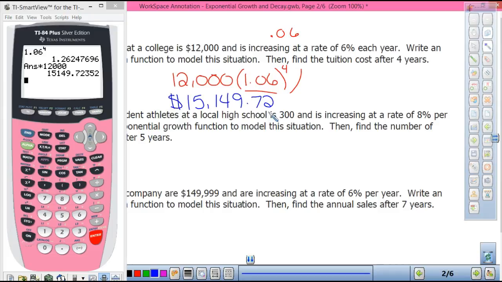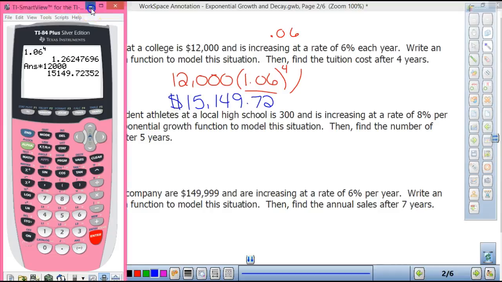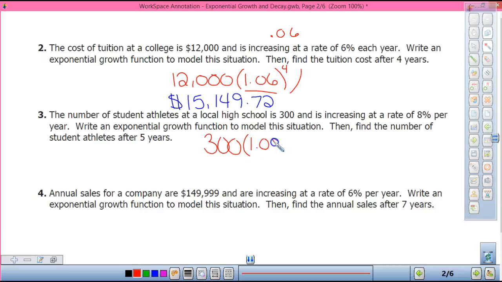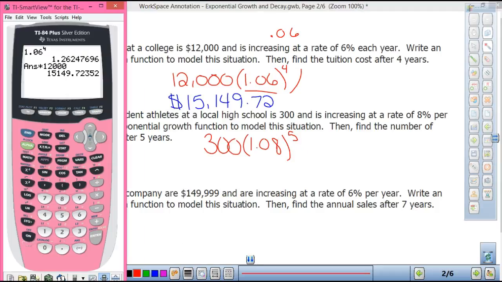Okay. All right. So now we've got student athletes at a local high school, 300, and it increases at a rate of 8% per year. Okay. Starting value, 300. Growth rate, what goes in my parentheses? There you go, 1.08. And we're taking it to the power of 5. 1.08 to the 5th power times 300.